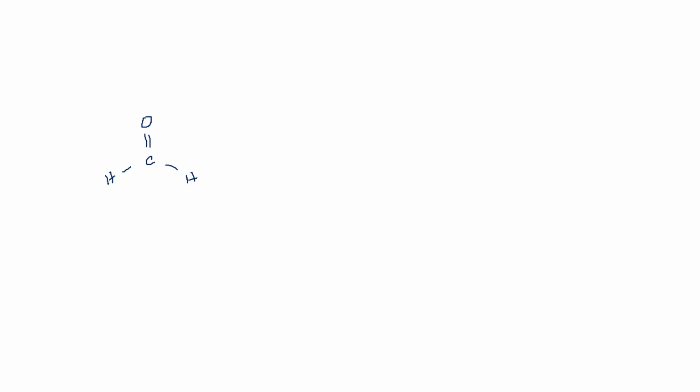And I'm going to add to it hydrogen. And then I'm going to have a catalyst for that. What's going to happen is that double bond is going to open up, and we're going to get a hydroxyl group here, and a hydrogen here, and a hydrogen here, and a hydrogen here.